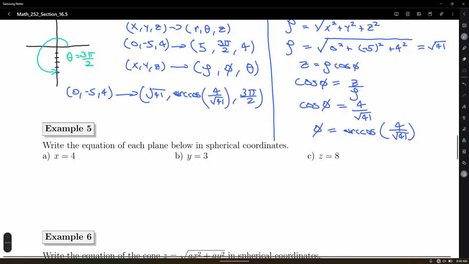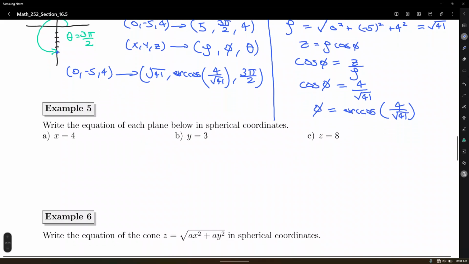Even though spherical coordinates are usually our best choice to integrate over spheres, cylinders and cones, not paraboloids. For paraboloids, the best choice is the cylindrical system. So we still need to deal with these planes and all that.